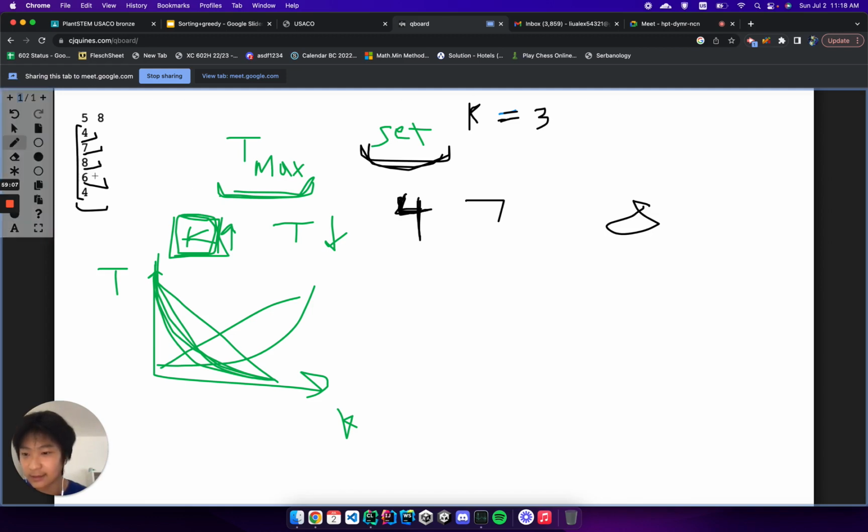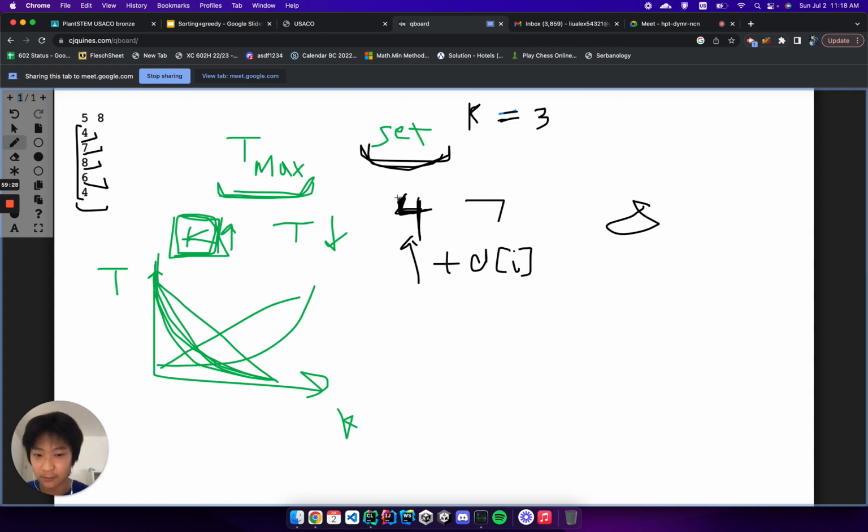It's going to take 6 minutes, so in total it takes the minimum plus its own duration for its ending time. So this cow's performance is going to end at time t equals 10.